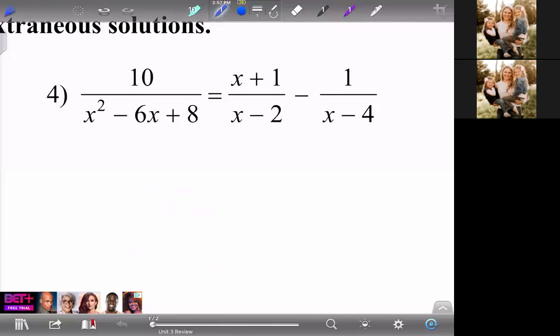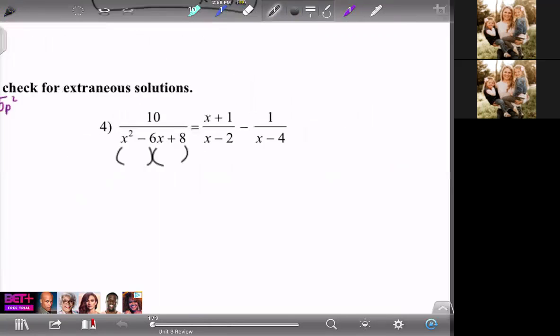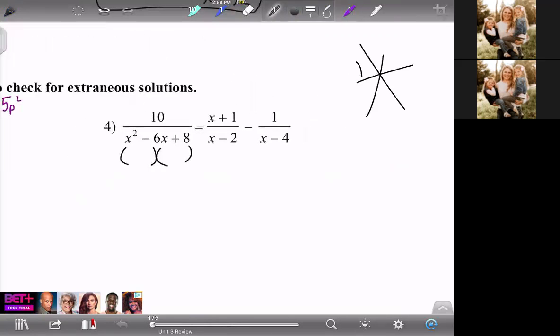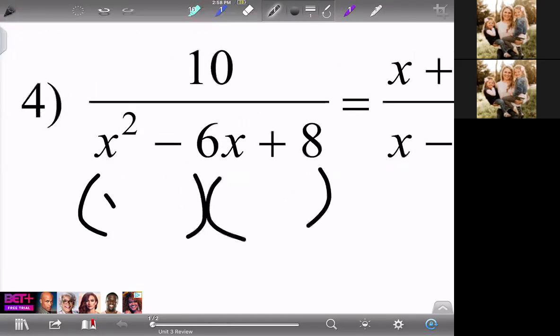I see a quadratic, so I'm going to go ahead and factor this right here. So when I factor that quadratic that's in the denominator, I'm going to get factors x minus 4 and x minus 2.